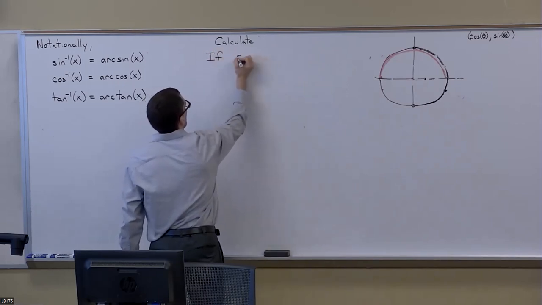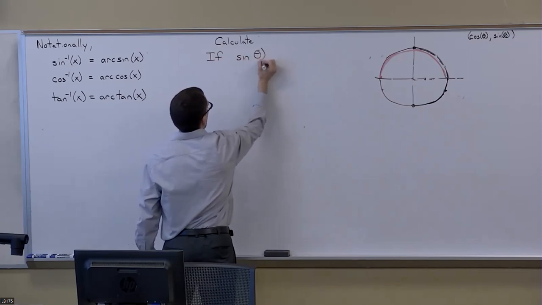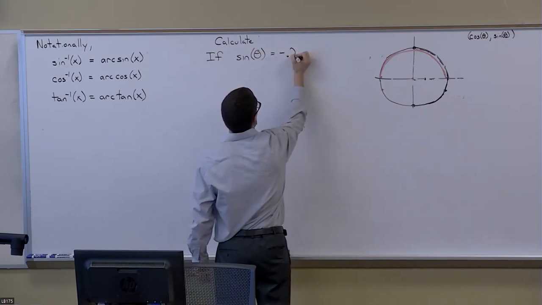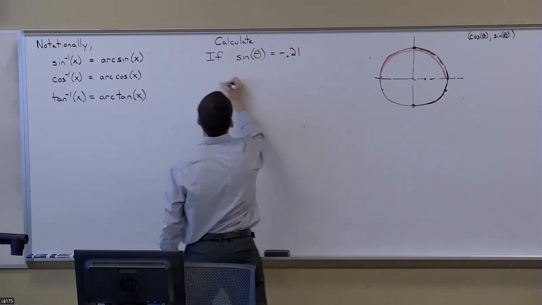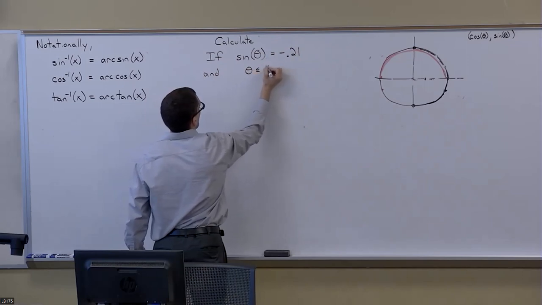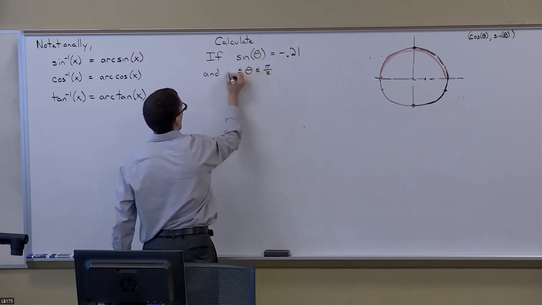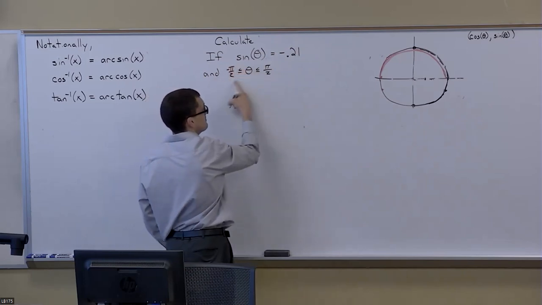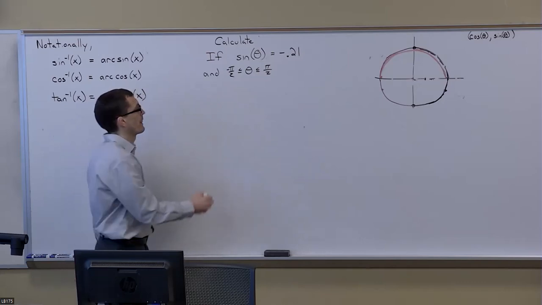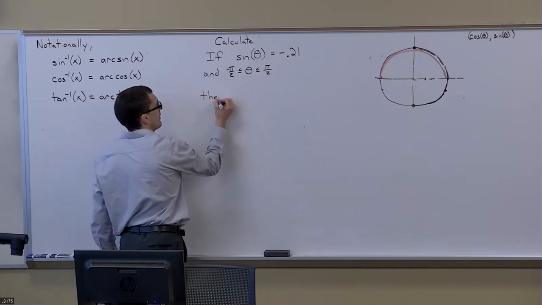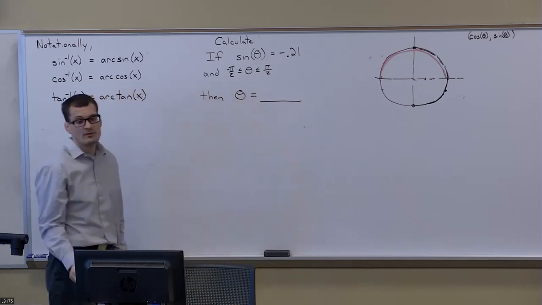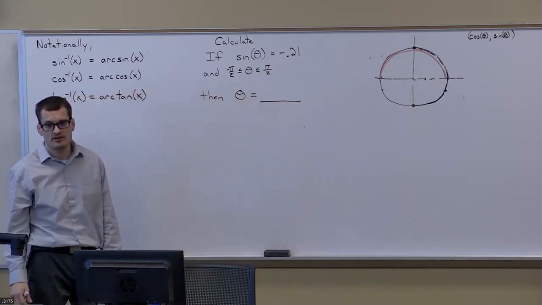If sine of an angle is -0.21 and the angle is between -pi/2 and pi/2, I try to make it so it matches our calculator. Then what does theta? How many radians? Put this in radians still.